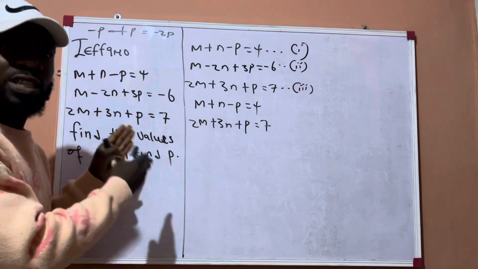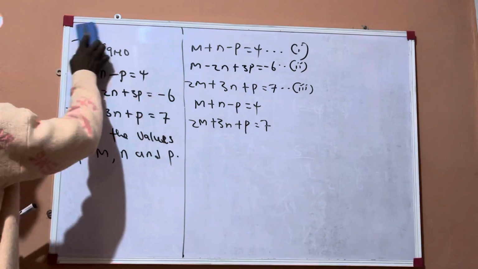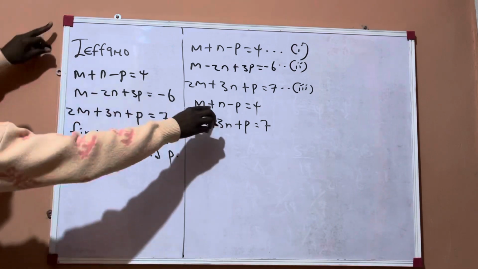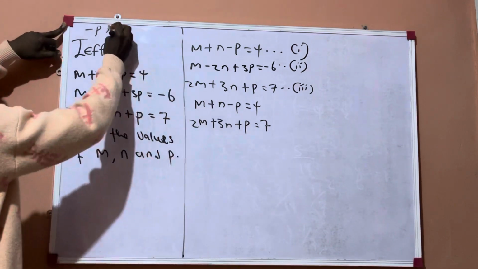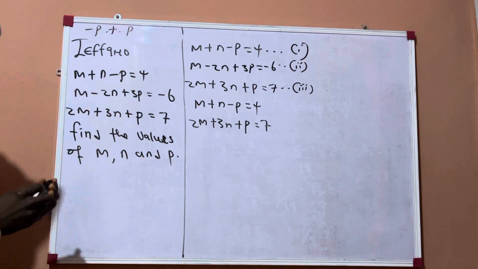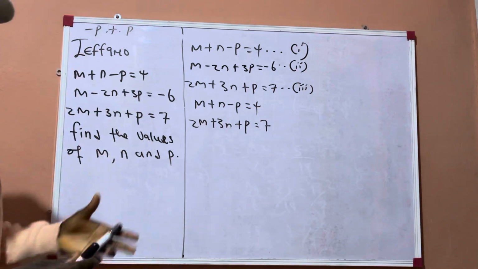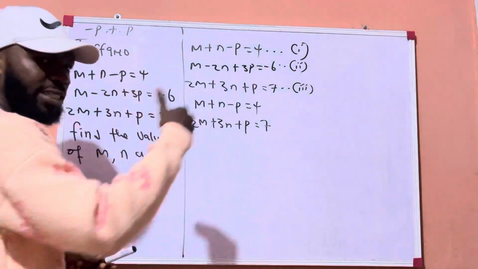So it means P is not eliminated here. But if I use addition, which is minus P plus P, plus times plus gives us plus, so minus P plus P gives us 0. So it means for us to eliminate P in this equation, we are going to add.